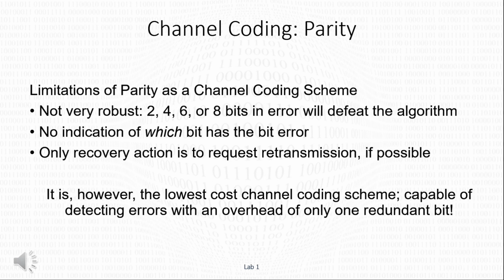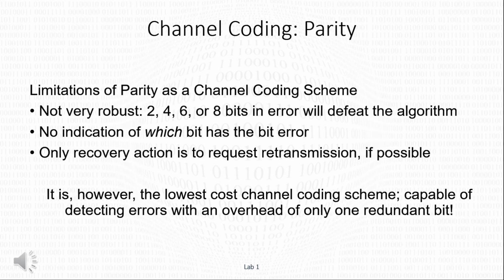Channel coding with parity does have its limitations. Any even number of errors, if there are 2 bits in error, 4 bits in error, 6 bits in error, or all 8 bits in error, will defeat the algorithm and the errors will not be detected.